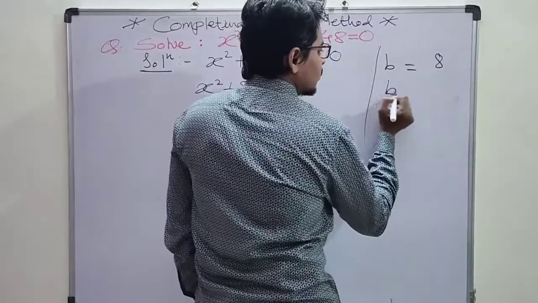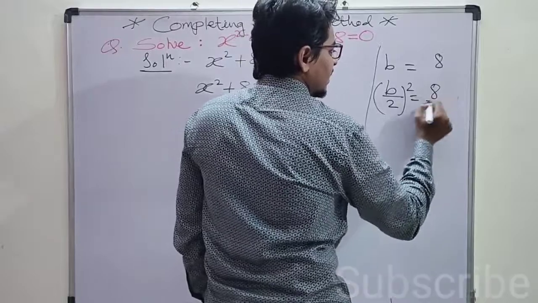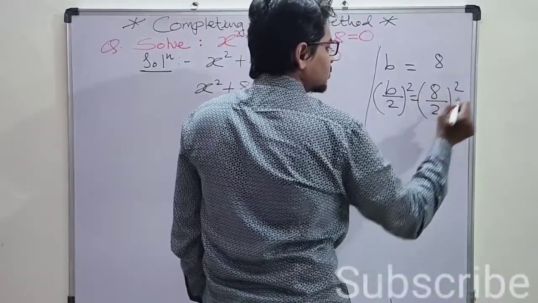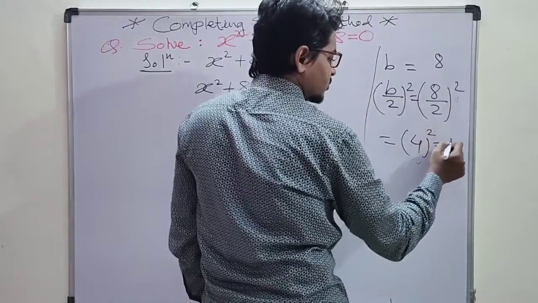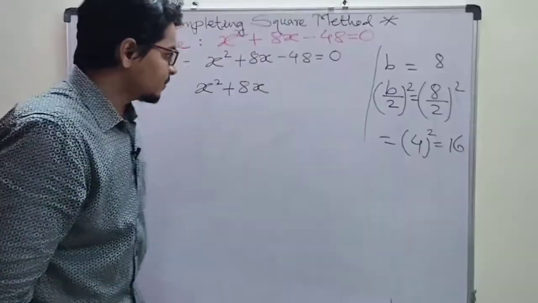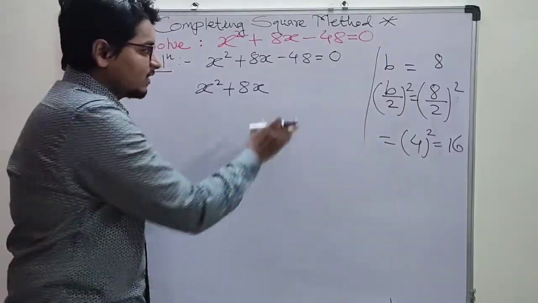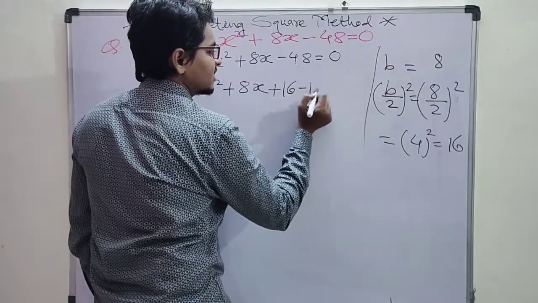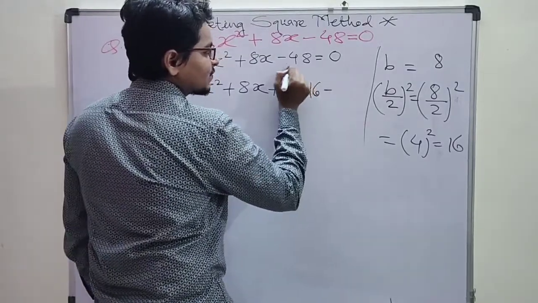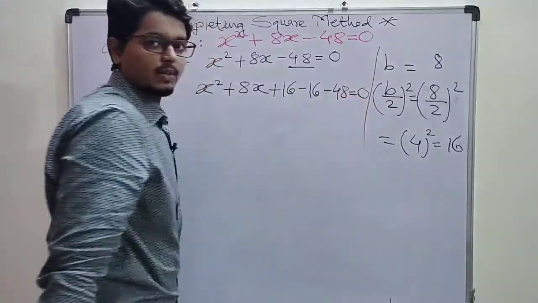And we know that b upon 2 square is equal to 8 upon 2 square, which is equal to 4 square, and 4 square is 16. It means that we have to add and subtract 16 in this equation. So plus 16 minus 16 and this minus 48 as it is, which is equal to 0.